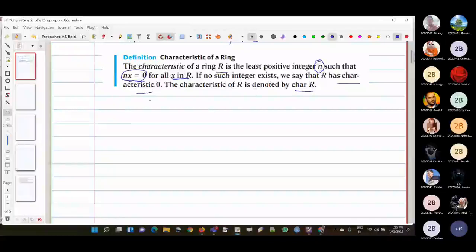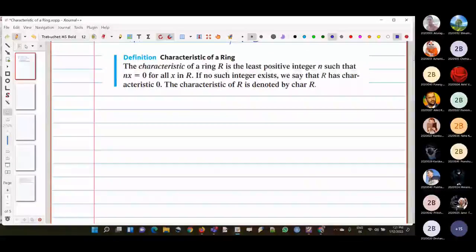Though it seems like we are talking about the order, here it is not order, but we are computing in a similar way. We are searching for the least natural number n such that nx becomes 0 for all x in that particular ring. But it is unique for a ring. When we talk about order of an element in a group, it is an element-based property.